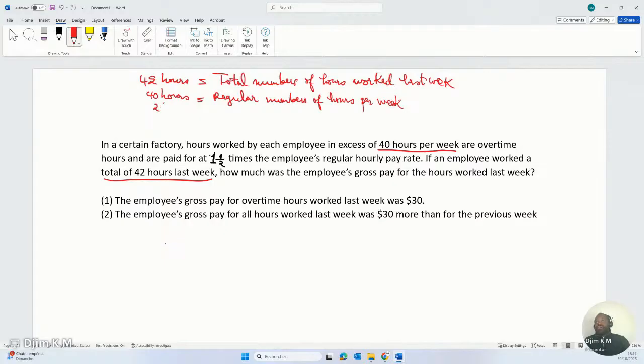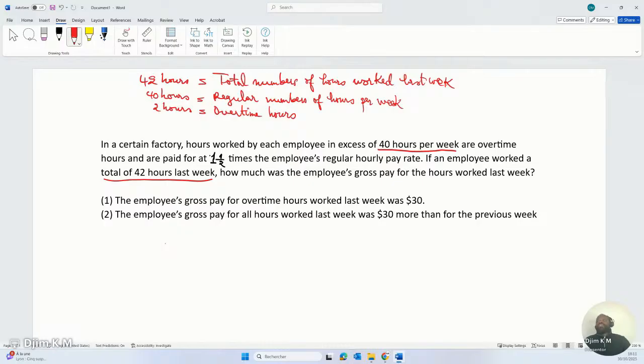So 2 hours should be considered as overtime. Hours worked by each employee in excess of 40 hours per week are overtime, and these overtimes are paid one and a half times the regular hourly pay rate.